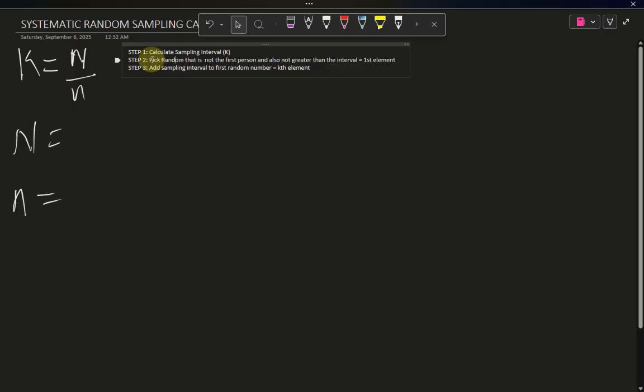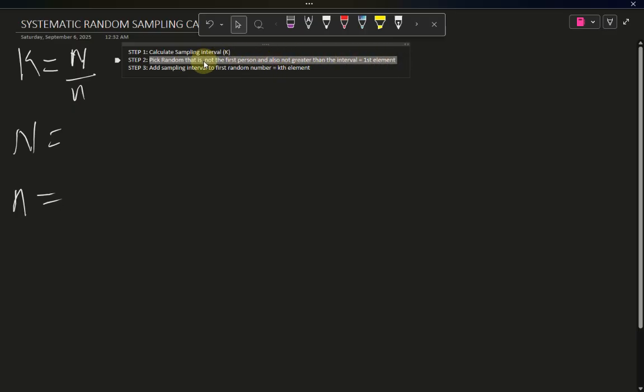Then, for the second step, after you have calculated the sampling interval, which you calculate by dividing the accessible population by the sample size, you then pick a random number.